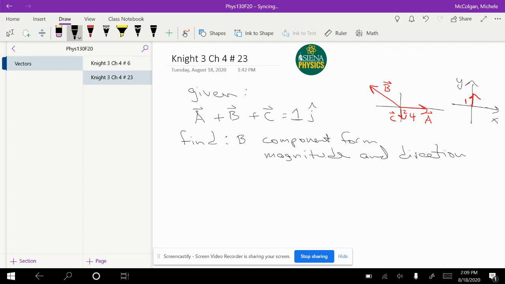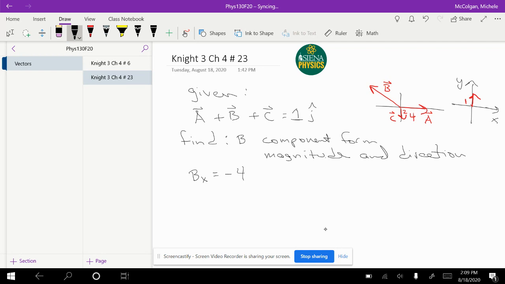So what that tells us is that all of the x components cancel. I have an x component with A and an x component with B, so my x component for A must be the same as my x component for B. Right away I can say Bx is equal to -4.